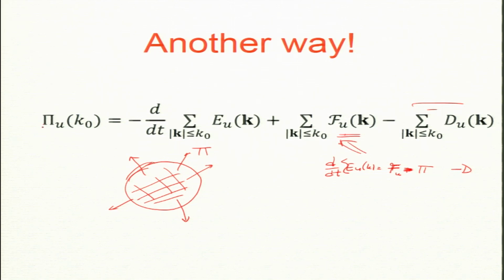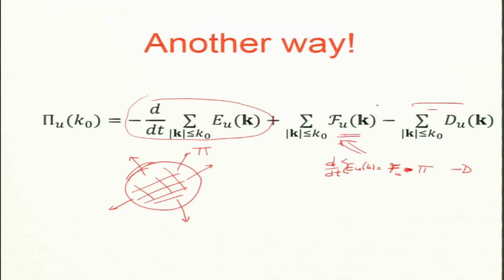Now, this is written here above. So, how can I compute flux? I can compute the time rate of change of energy of the sphere at two different times: take time t, then time t plus delta t, subtract, and divide by delta t. I can compute the viscous term as well. Somebody is forcing inside the sphere, and that can give you this term, and I can compute this.